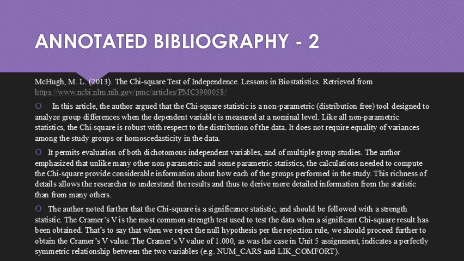In this article, the author argued that the Chi-square statistic is a non-parametric, thus distribution-free tool designed to analyze group differences when the dependent variable is measured at a nominal level. Like all non-parametric statistics, the Chi-square is robust with respect to the distribution of the data.